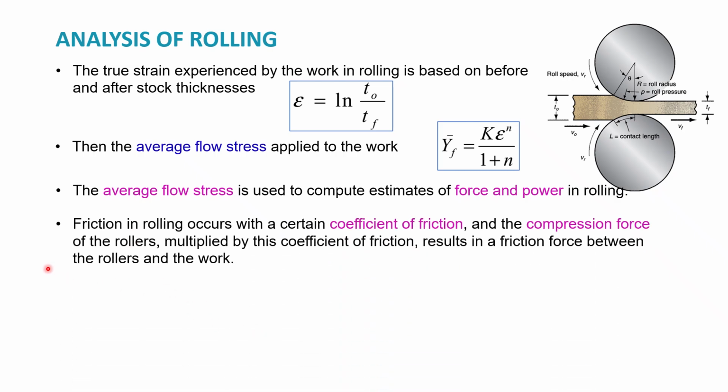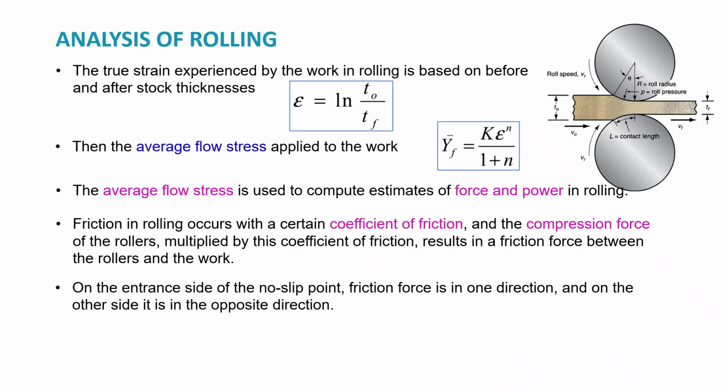Friction in the rolling will occur with a certain coefficient of friction, and the compression force of the rollers multiplied by this coefficient of friction results in the friction force between the rollers and the work. On the entrance side of the no-slip point, the friction force is in one direction, and on the other side, it is in the opposite direction.